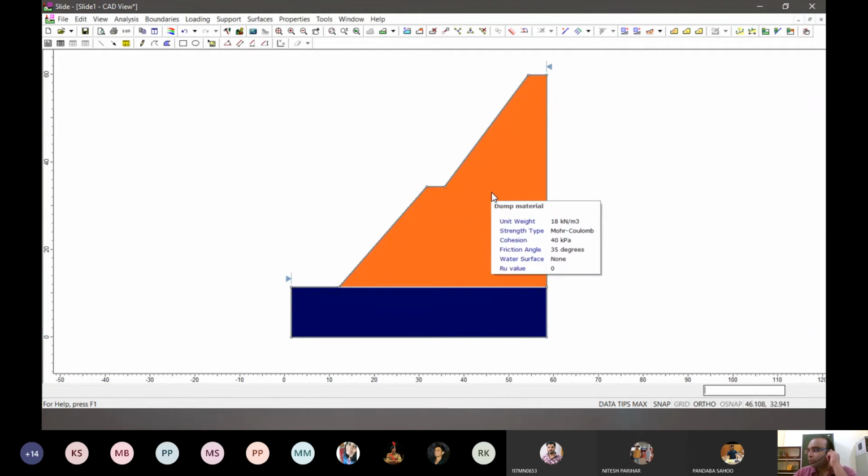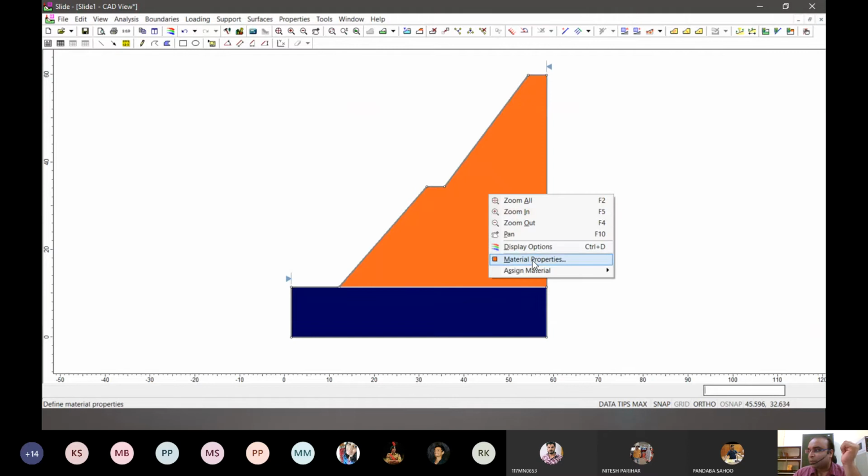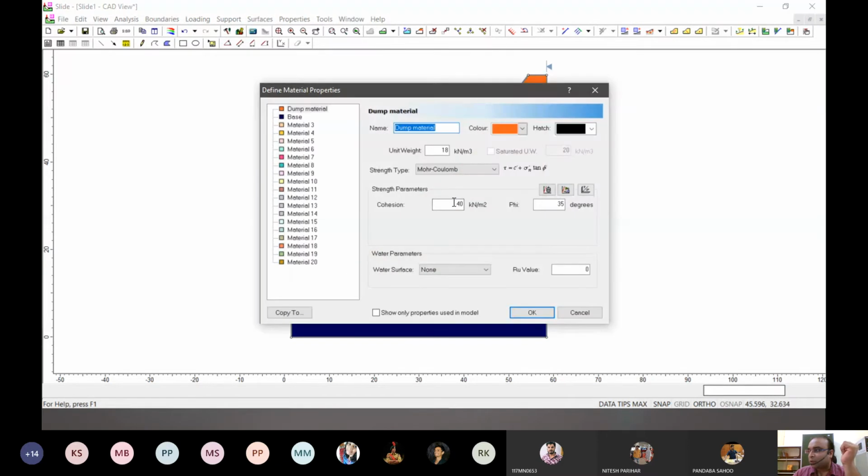And what we want to do right now is understand how, each time I change cohesion, the factor of safety will change, or how each time I change unit weight the factor of safety will change, or if I change phi, how the factor of safety will change. So a traditional way, as we were seeing in this case study, was to make different models.